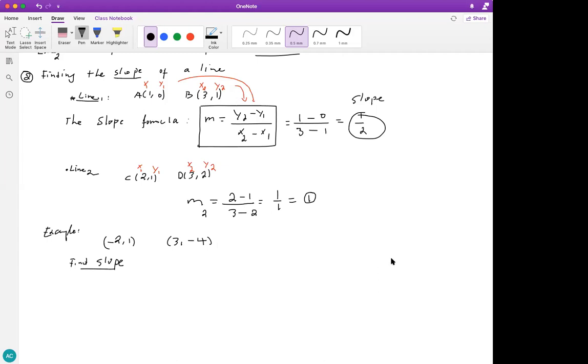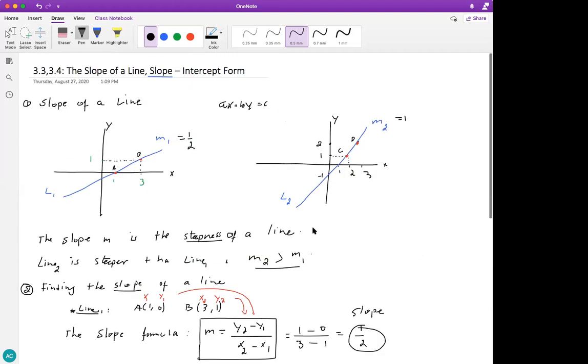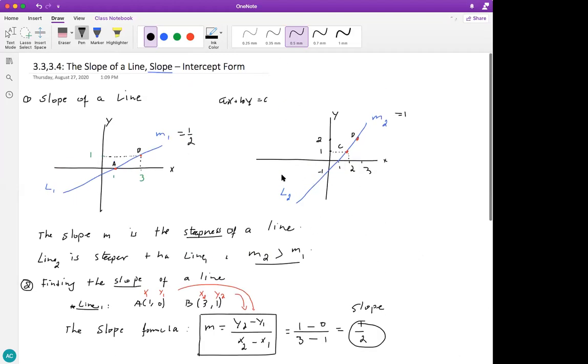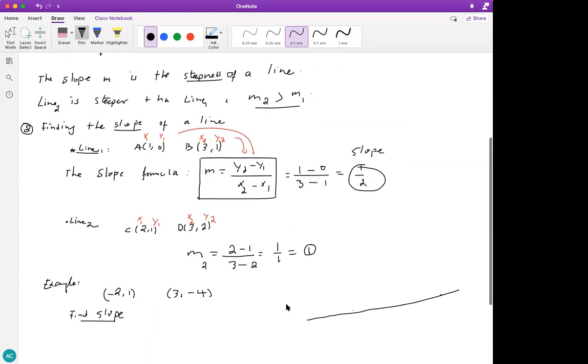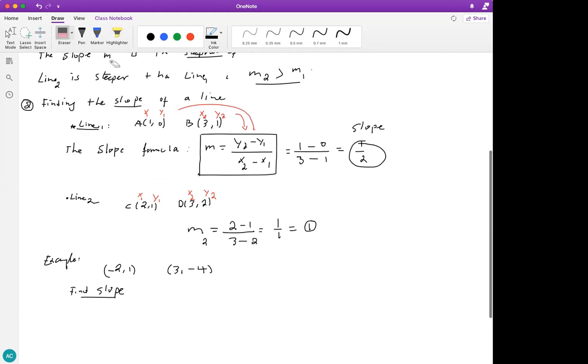So find the slope of the line with these 2 points. These are 2 random points, and there's a line that goes through them. And we want the slope of that line, to see how steep that line is based on these 2 coordinates. Same way, I'm just going to label these, use the formula, and find the slope.